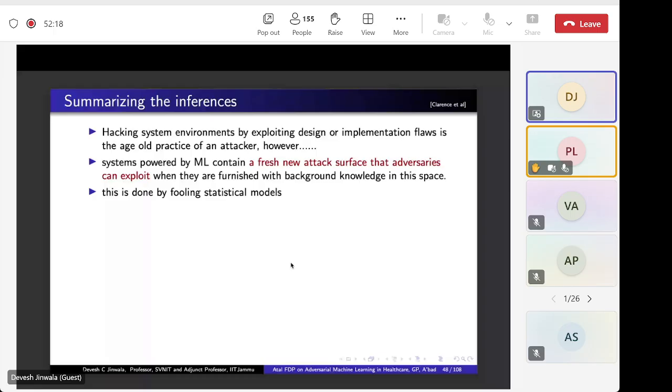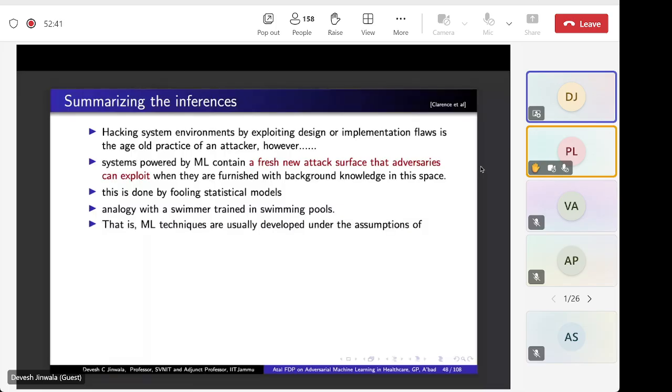You can see the name of the author on the right-hand side top of the screen, Clarence et al. That textbook is one of the rare textbooks, the title is Machine Learning in Security. So I'm giving that as a forward pointer to you, worth studying in order to understand how this entire thing happens. That is what is given here.